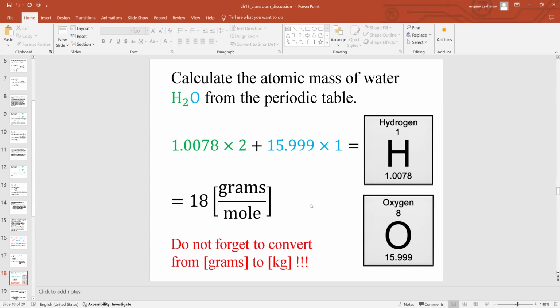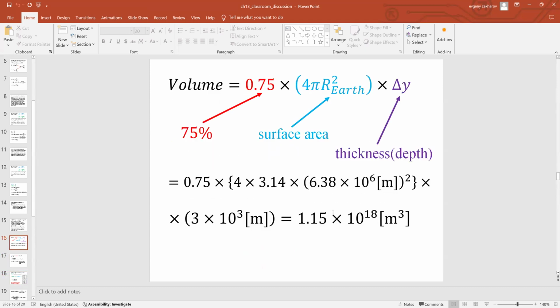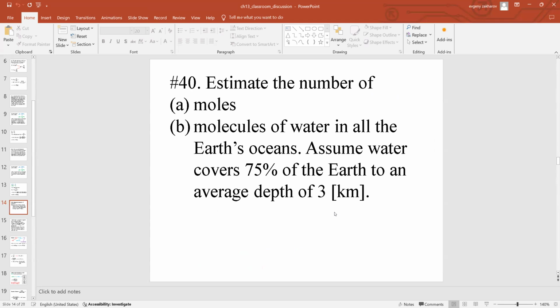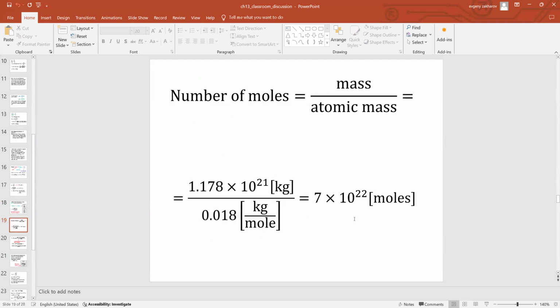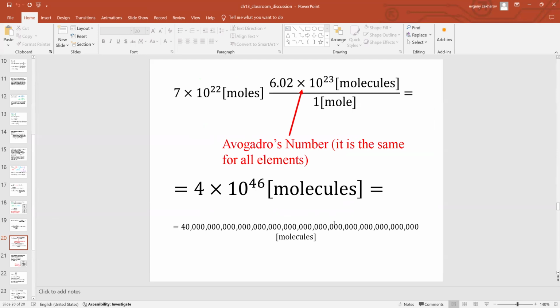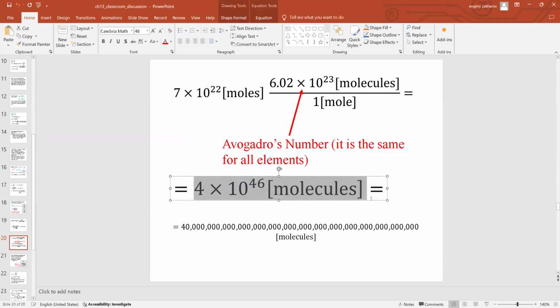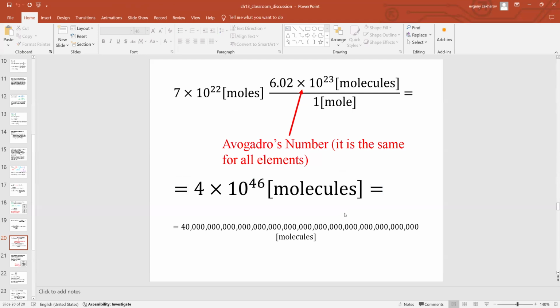And you can definitely borrow this knowledge from a physics class combined with, sorry, headset turned off. Combined with chemistry class and physics class, you can do a lot of crazy calculations. This is one of the examples where you really benefit from getting a pretty cool number of molecules of water on all planet Earth.